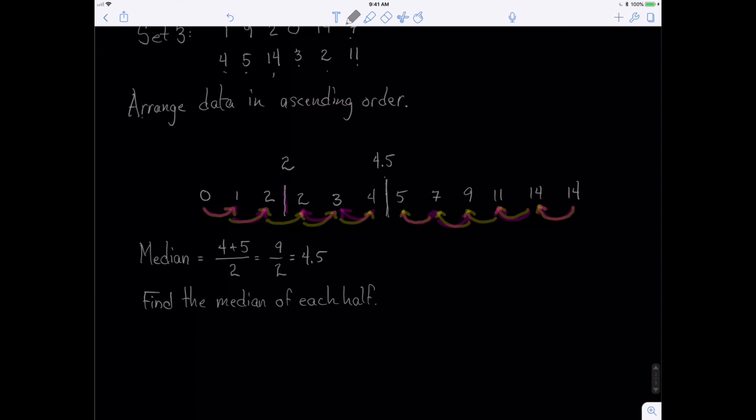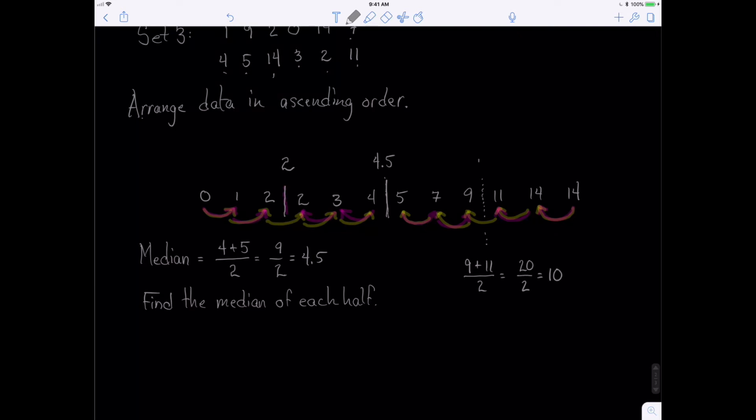Notice that now my next median is going to be right between 9 and 11. So take 9, I add 11, divide it by 2, that's going to be a 20, divided by 2, which is 10. So the median of my upper half is 10.